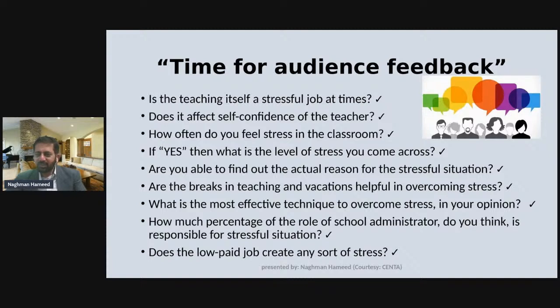Oh, that's great. I'm getting some points that will be useful in the upcoming slides. Okay, that's good. You listen to music, and different people do different things to reduce the stress level. That's great. Okay, and the last one is, does a low paid job cause stress?